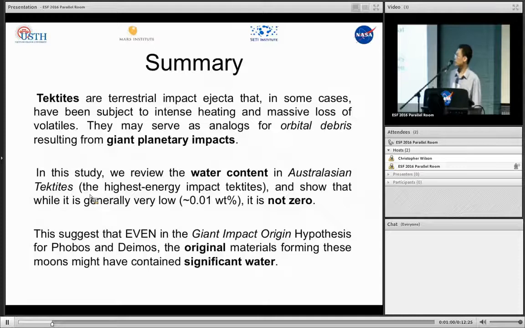In this study, we reviewed the water content in Australasian tektites, which are the highest energy impact tektites, and show that it is generally very low, just about 0.01%. It's not zero. This suggests that even in the giant impact origin hypothesis for Phobos and Deimos, the original material forming the moons might have contained significant water.